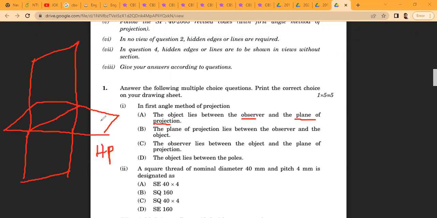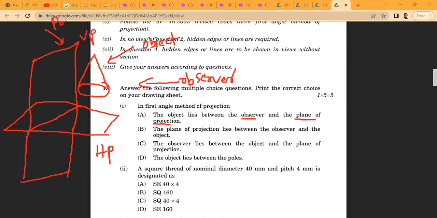So this is HP and this is VP and this is my object. Here the cone is my object, this is the observer and this is the plane of projection. So in first angle projection, the object lies between the observer and the plane of projection.